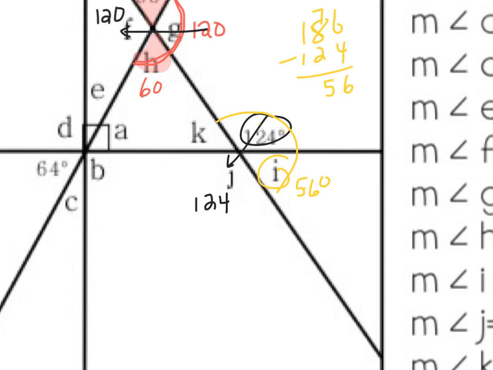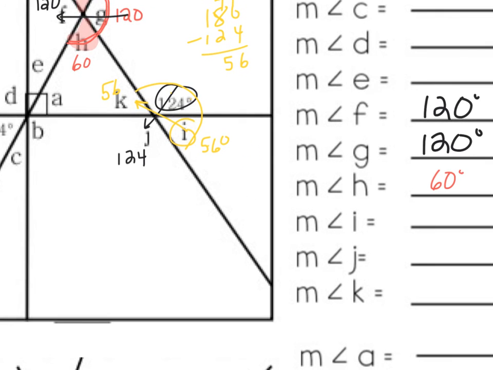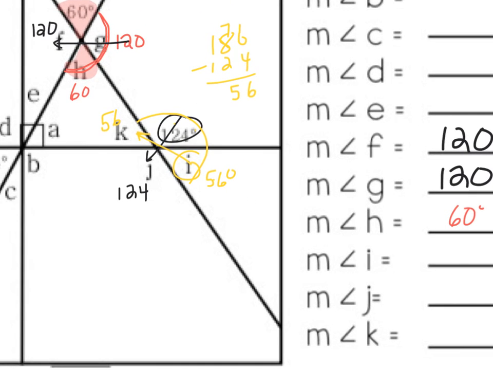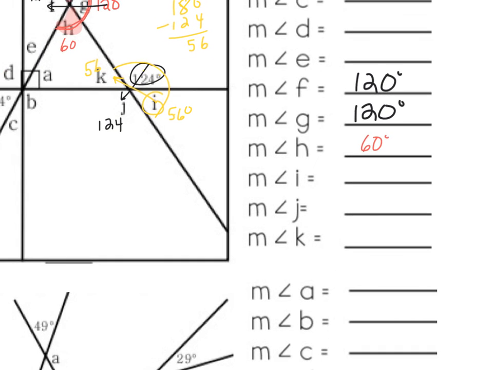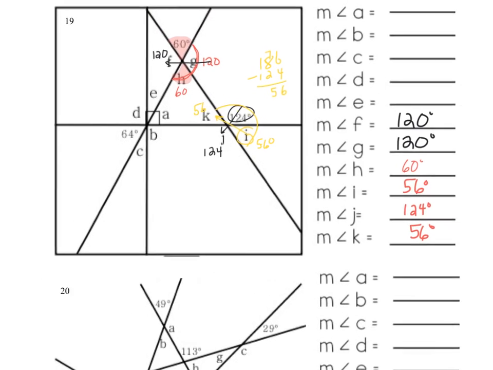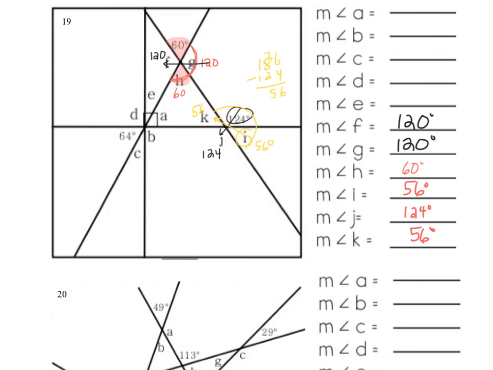And if this is 56, directly across from it is also going to be 56. So let's go fill it in. I, J, K. I is 56. J is 124. And K is also 56. Look how easy that was so far.